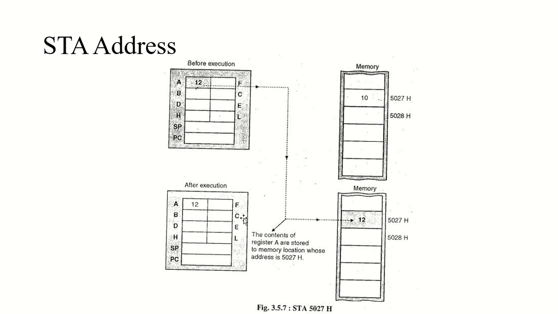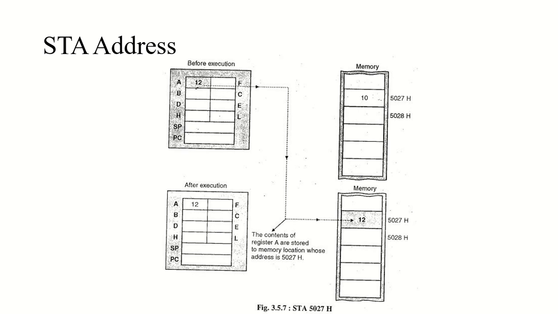So for an example, we are considering STA 5027, memory address 5027, and the accumulator has 12 as the content inside it. Before we execute the instruction, what will it do? The instruction will load the content of the accumulator, which is 12H, to the memory location which is specified in the instruction, right?